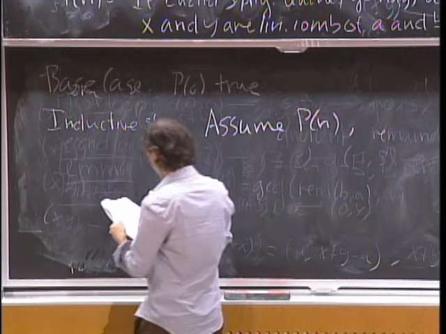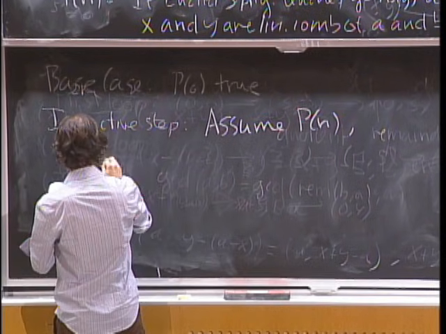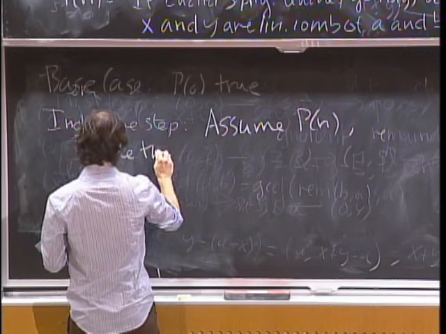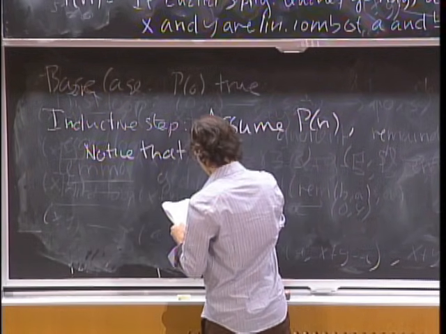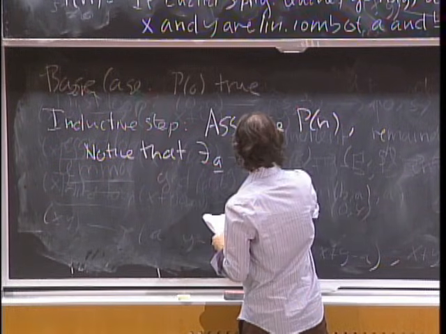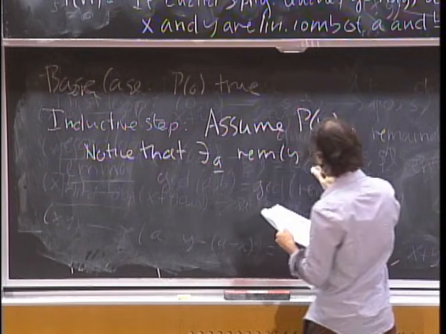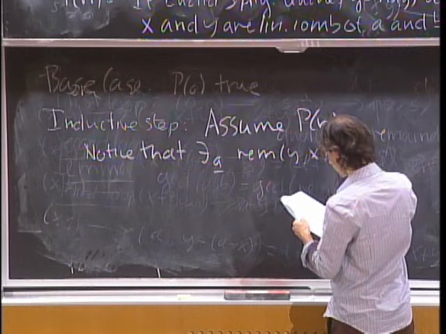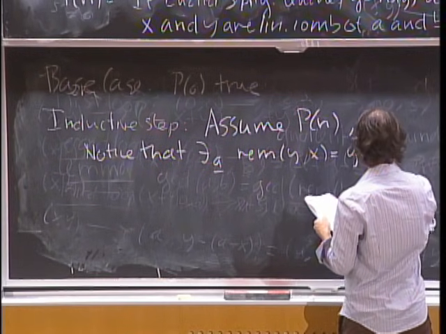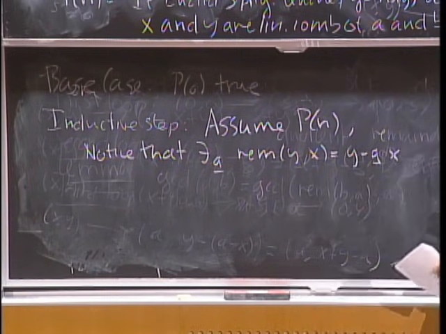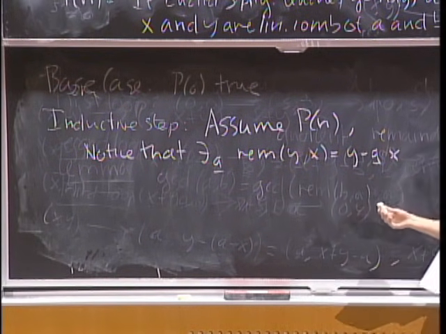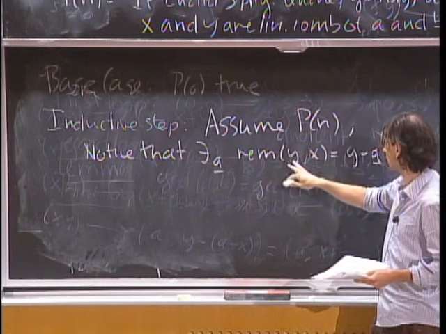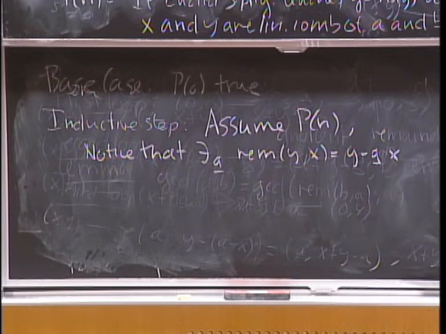Well, we notice that there exists a q such that the remainder of y and x is equal to y minus q times x. So we assume Pn, we have reached some state x comma y. We know that the remainder of y comma x equals y minus q times x for some quotient q.